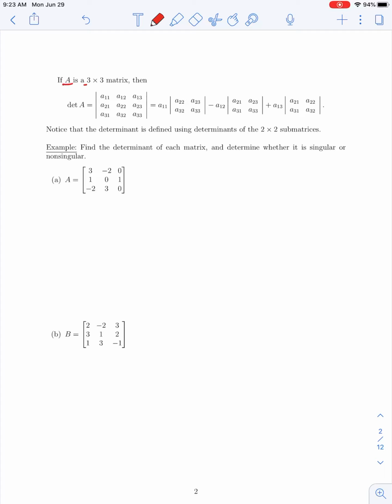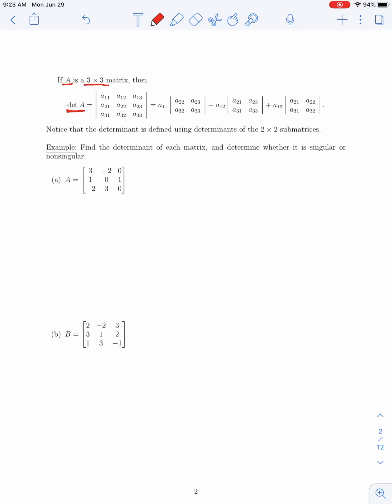So if A is a 3 by 3 matrix, and its entries are denoted as A sub ij, the determinant of A would be found by the following expansion.